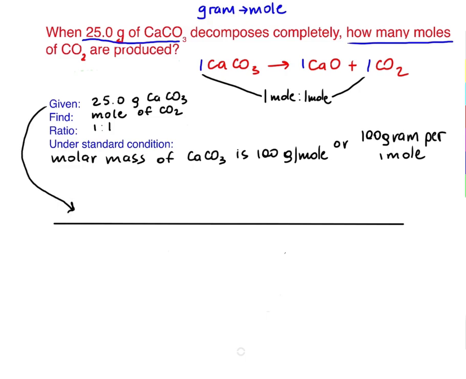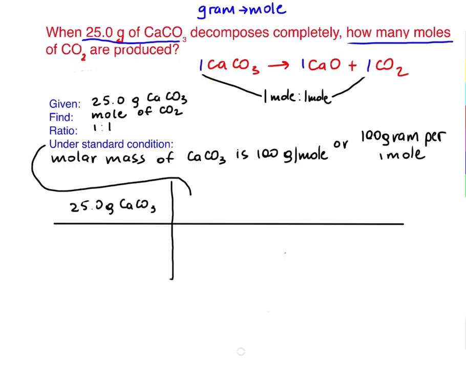All right, let's go ahead and solve it. First, you write the given, the known: 25 gram of calcium carbonate. That's why it's very important to write that table. Then you write the next thing, of course, the standard condition.